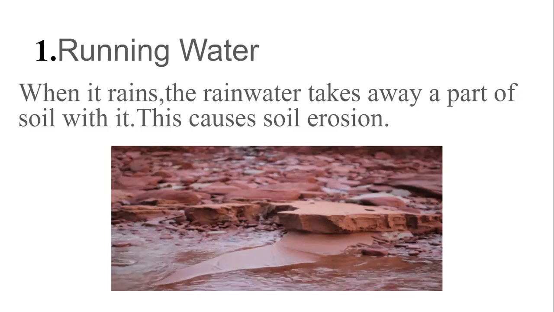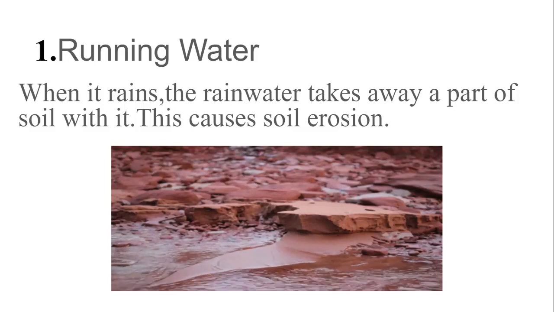Children, soil erosion by water is more in hilly areas as water flows down faster. And along with rainwater, the topsoil comes down into the rivers, lakes, or seas. And the flowing water of a river also causes soil erosion along the banks of the river.